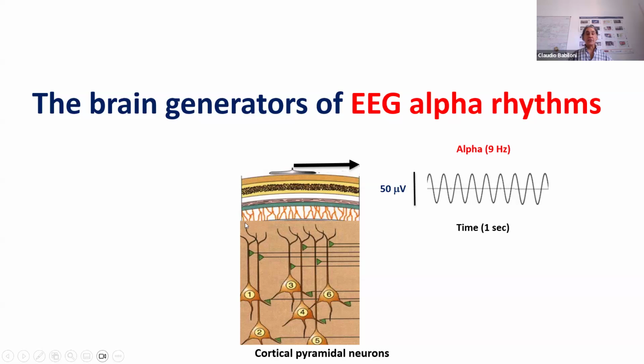Under the meninges, you can find the cerebral cortex, and in the picture, we have 6 neurons of the cerebral cortex.